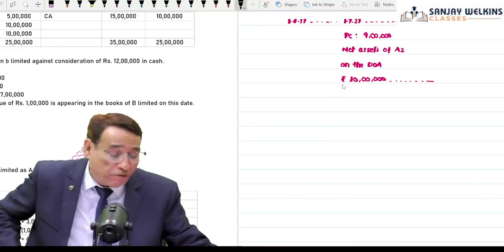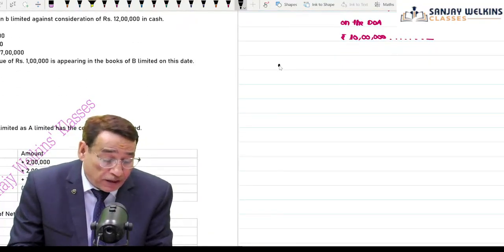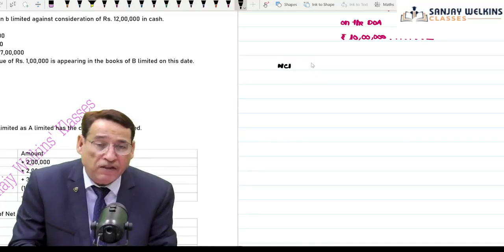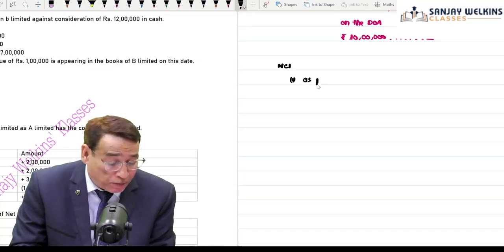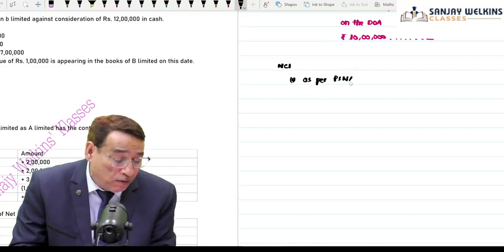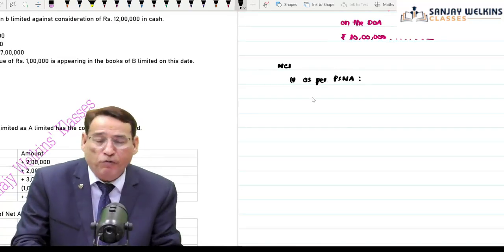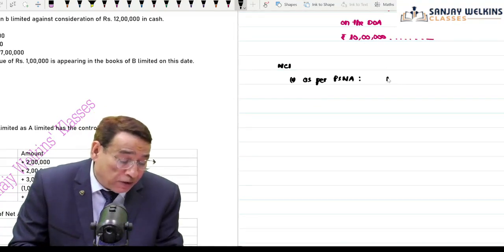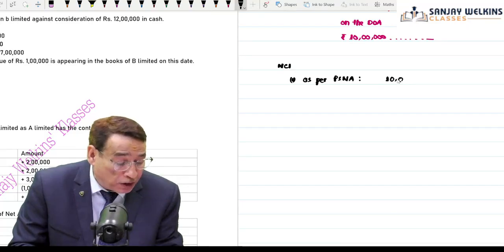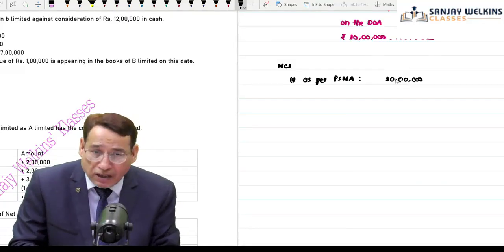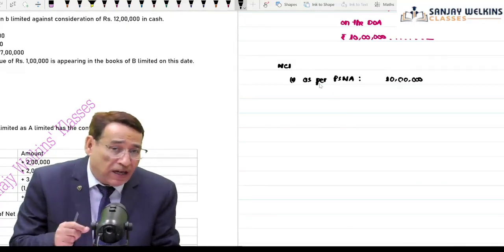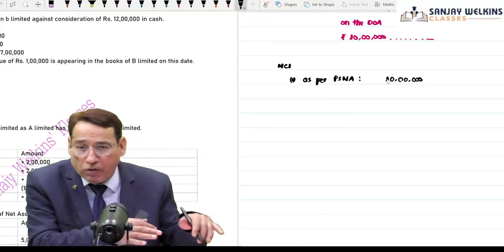For example, suppose I am going to compute NCI on the date of acquisition as per the PSNA approach, the proportionate share of net assets approach. First of all, I will take into account the net assets of the acquiring company on the date of acquisition, which we have already seen is 10 lakh.